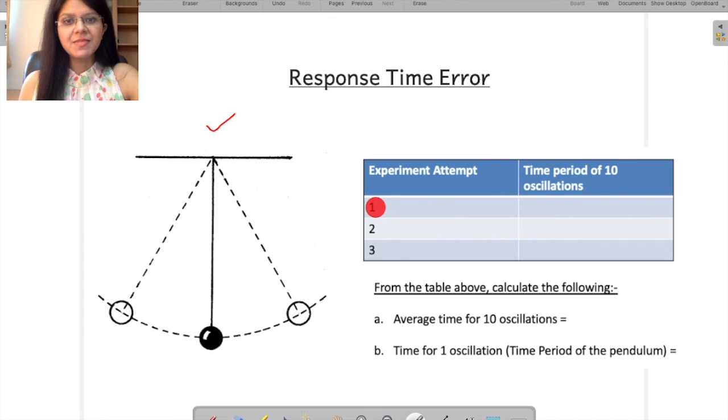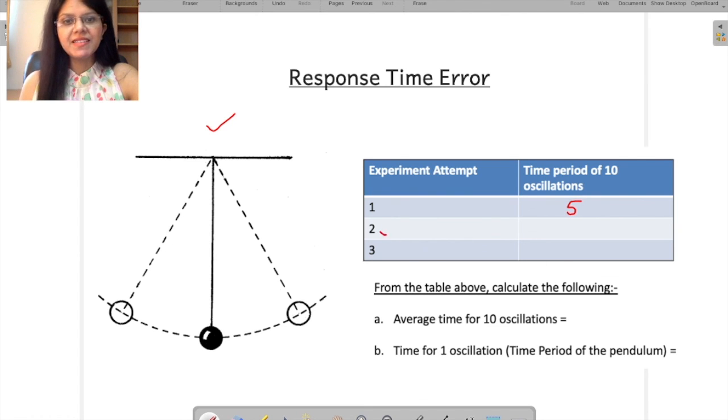You can repeat the experiment also 3 times, 4 times, 5 times, depending on how much time you have. Say that you're doing the experiment for the first time and you timed 10 oscillations, which is easier to time, and it came out to be 5 seconds.